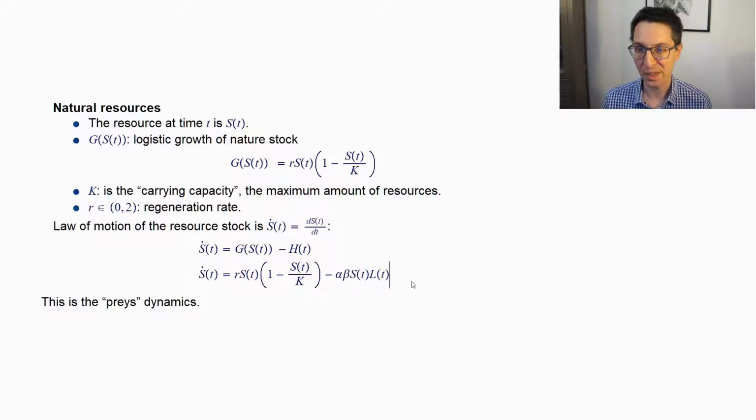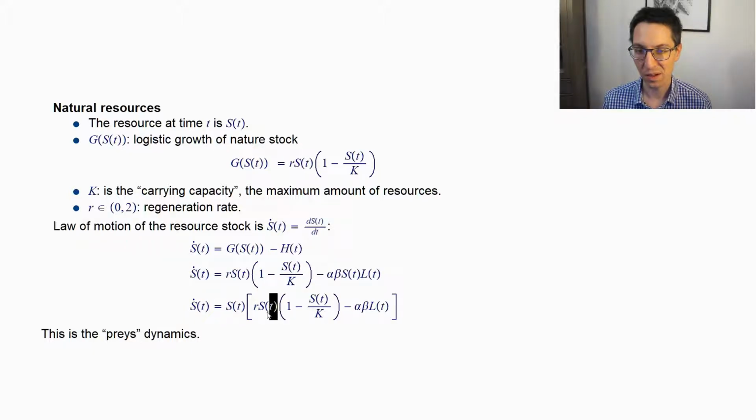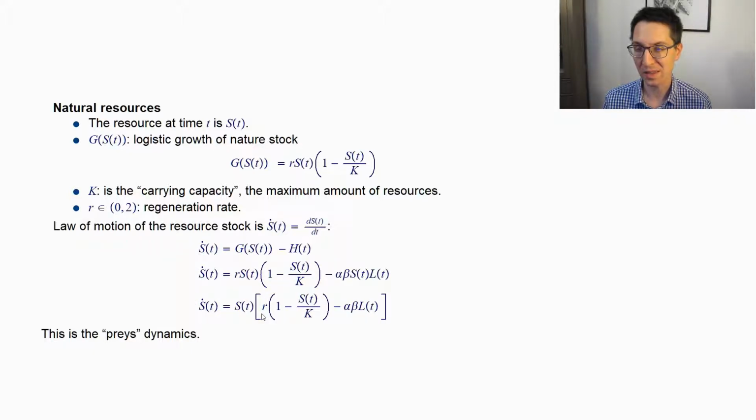So that means that we can put S of t in front of the parenthesis and write it as follows. S dot of t, the derivative of S of t with respect to time, is equal to S of t, which multiplies R minus R over K times S of t, minus alpha beta L of t.